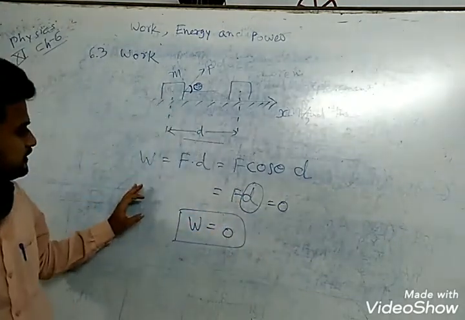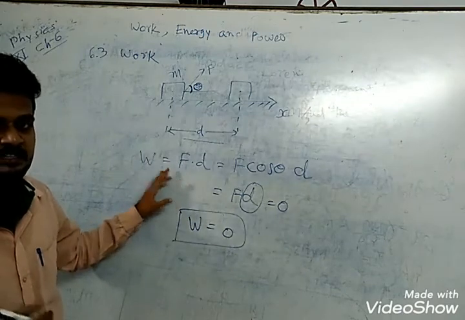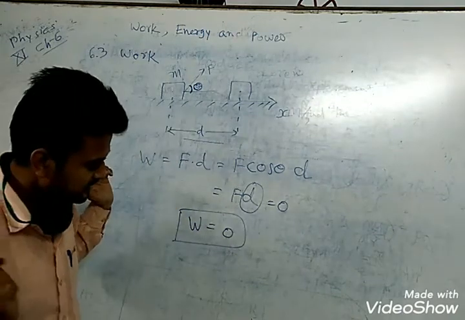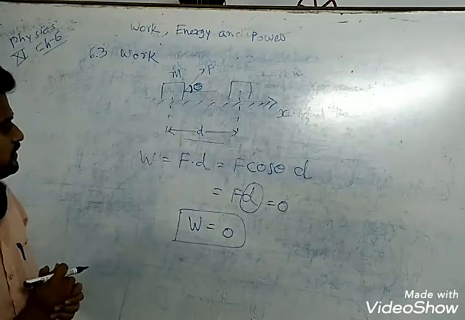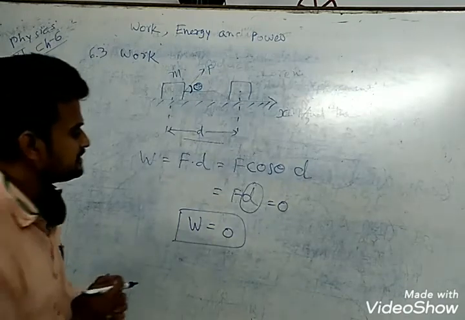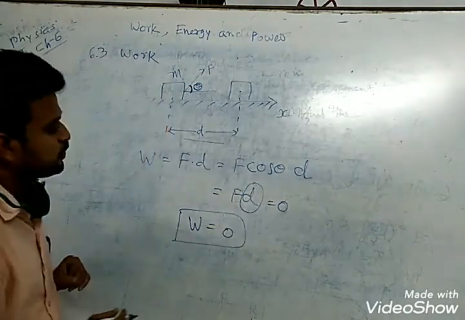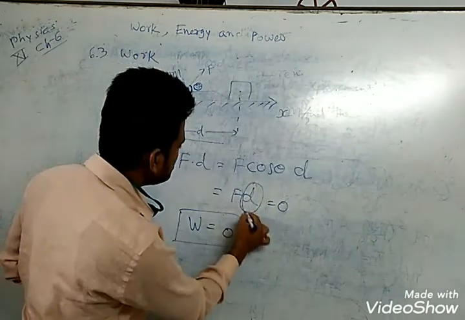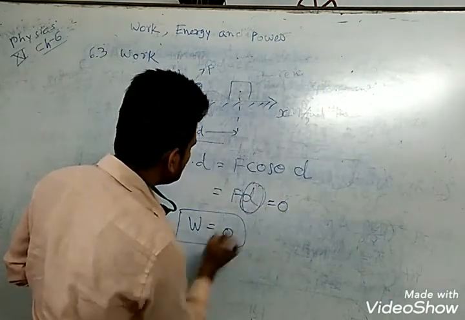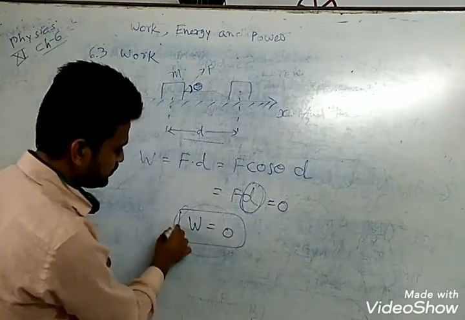A weightlifter is holding 150 kg steadily on his shoulder for 30 seconds. Time is 30 seconds. So here there is no displacement, so d is equal to 0. So work is equal to 0.